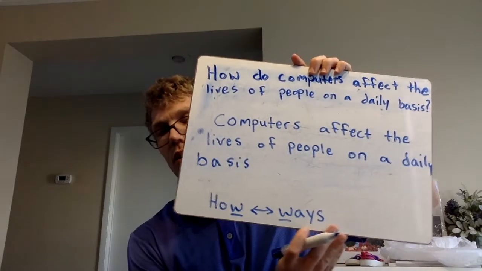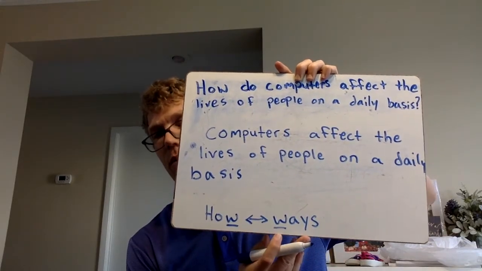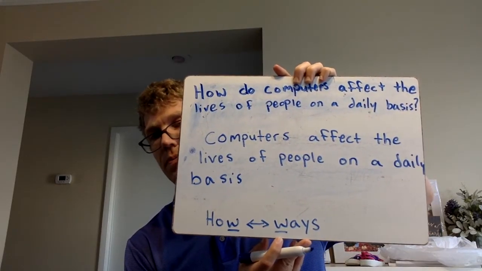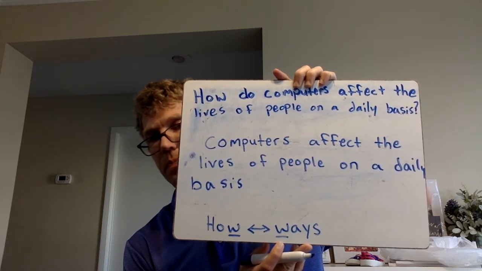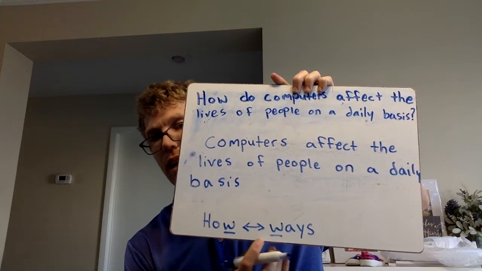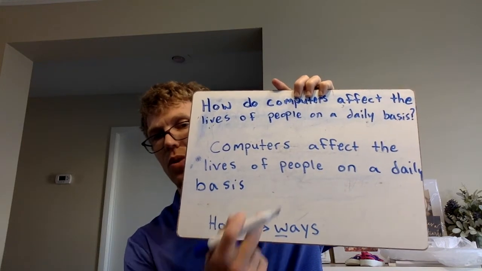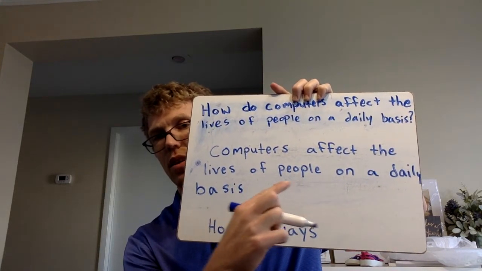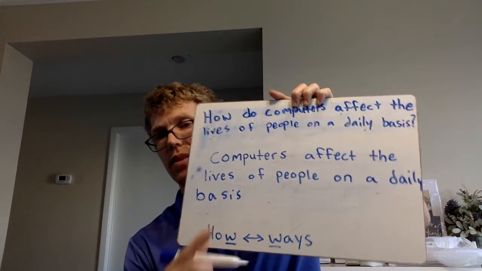See right here, the word how and the word ways both have the same letter. They're shoulder partners, so they work together. We're going to use the question word how, but now we're going to use it in the form of ways. Okay, so computers affect the lives of people on a daily basis in many ways.